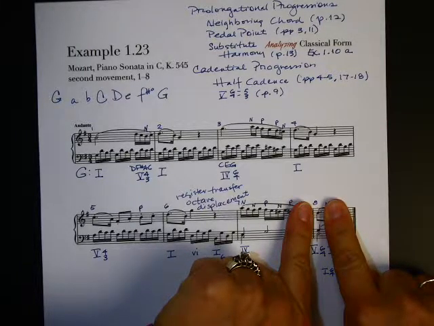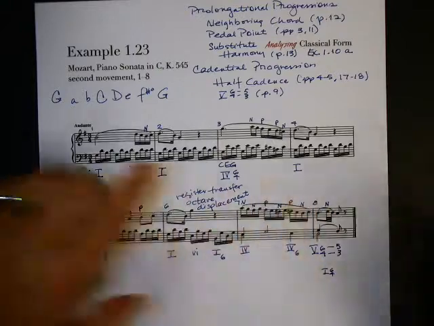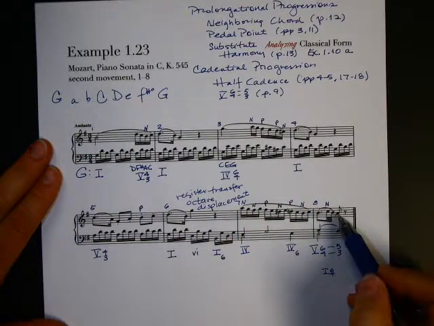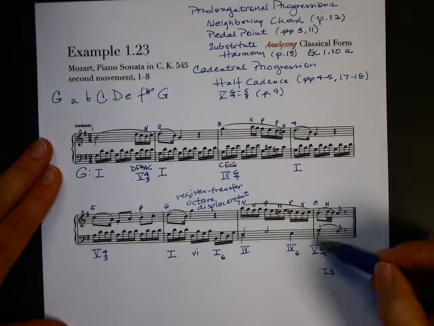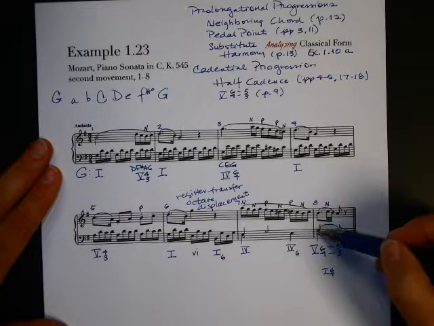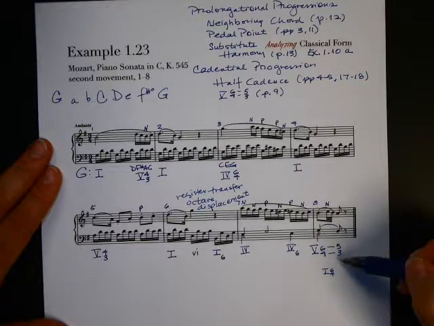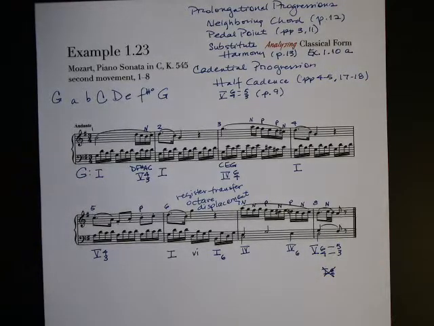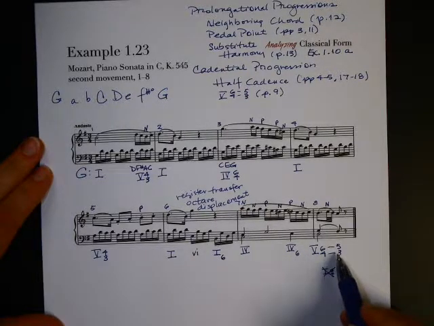But in the whole context of the G moving to F sharp and the B moving to A, this is really about D, F sharp, A, and the 6-4 is an ornament to the 5-3, to the root position 5 chord. So calling it a tonic 6-4 is old-fashioned, and we want to be up to date in our analysis. We will call this a 5 6-4, a cadential 6-4 on the dominant.